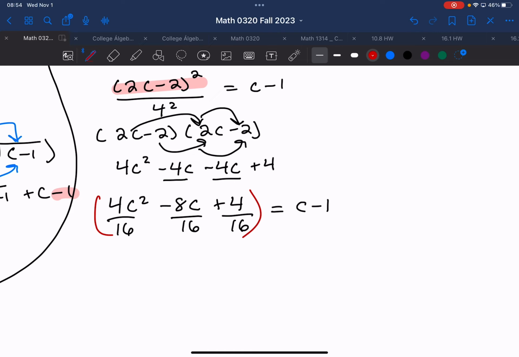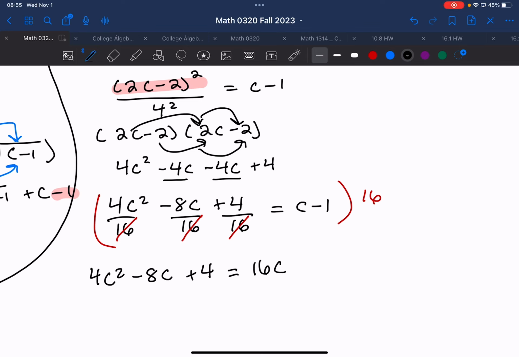Multiply both sides. So everything by 16. That's going to cancel out the 16 on the denominators. So I have 4c squared minus 8c plus 4 is equal to 16 times c, so 16c, and 16 times negative 1, negative 16.